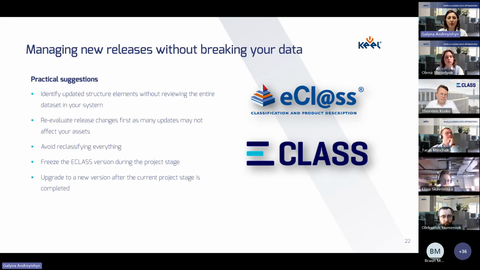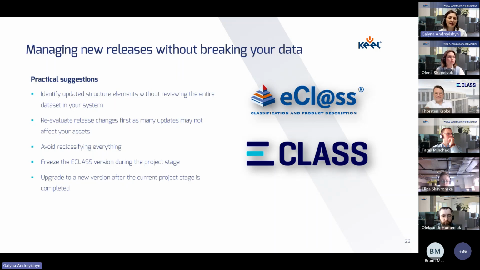Another important point is that ECLASS provides official update files with each new release. This allows you to be up to date and systematically evaluate the changes. And frankly, Excel is not the appropriate tool to manage release transitions at this level. Finally, classification is not a short-term activity.